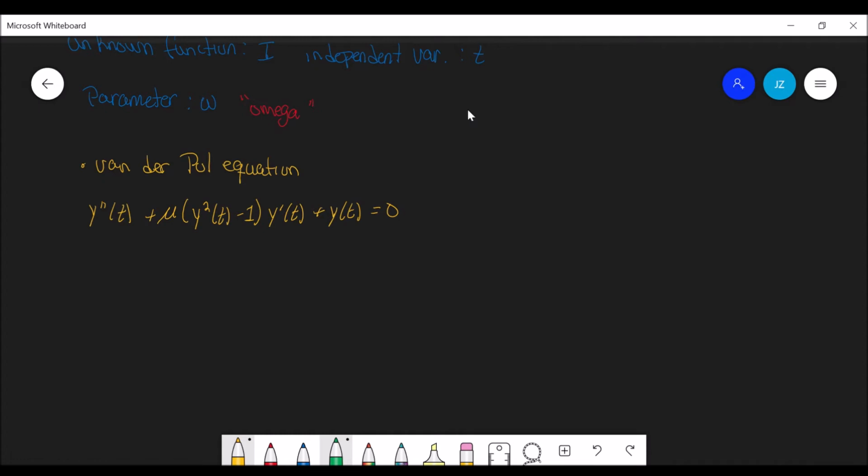Now once again, this is a second order equation. The unknown function is y. The independent variable is t. And the parameter is mu.